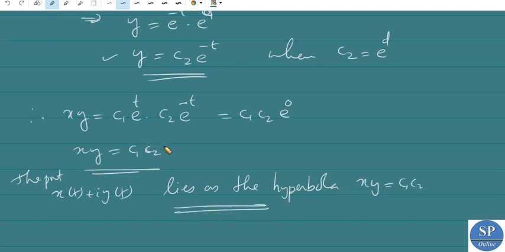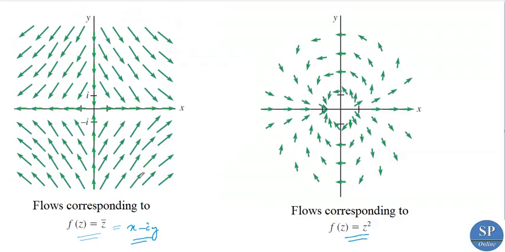So this can be expressed in this form. We have the hyperbola xy equal to c. If c is a positive constant, then the hyperbola will be in this form. If c is less than 0, then the hyperbola will be like this.